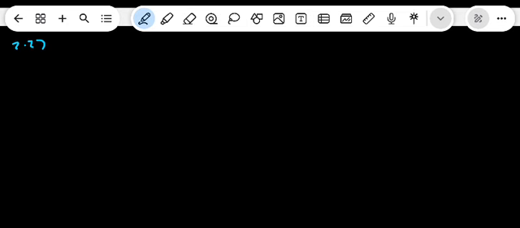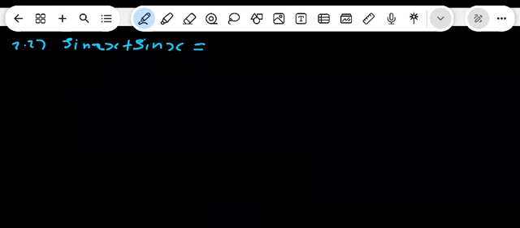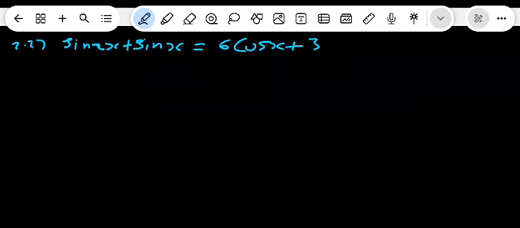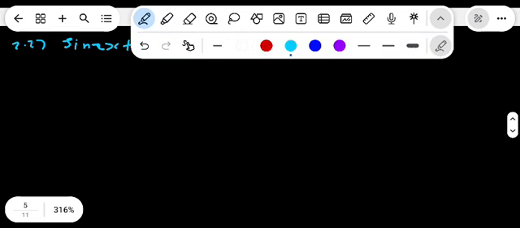This is 2.2, a general solution. So we have sine 2x plus sine x, and this must be equal to 6 cos x plus 3. So you want to solve for x here.